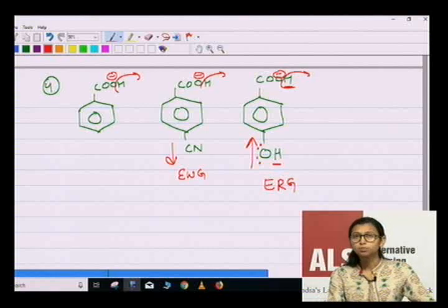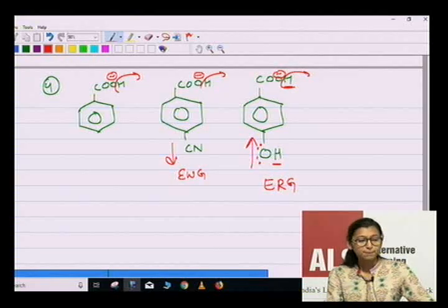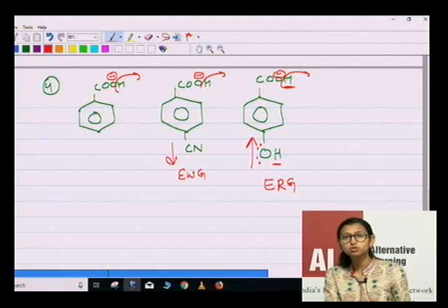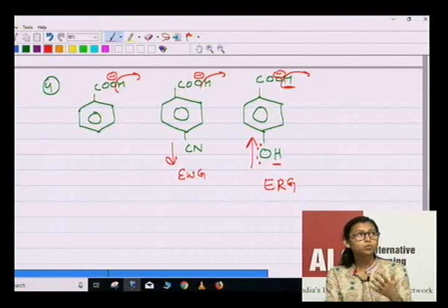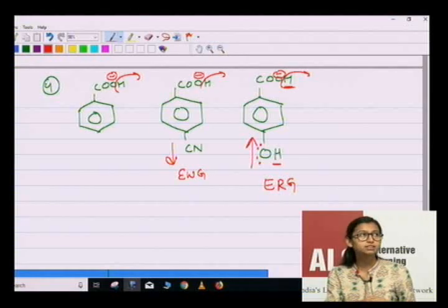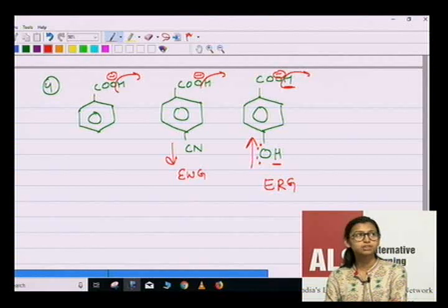Both will show resonance, but cyanide will pull the electron density towards itself and the OH will give the electron density to the ring. Now what will you think? Which type of negative charge is more stable? Tell me, I'm waiting. What do you think? Which negative charge is more stable?